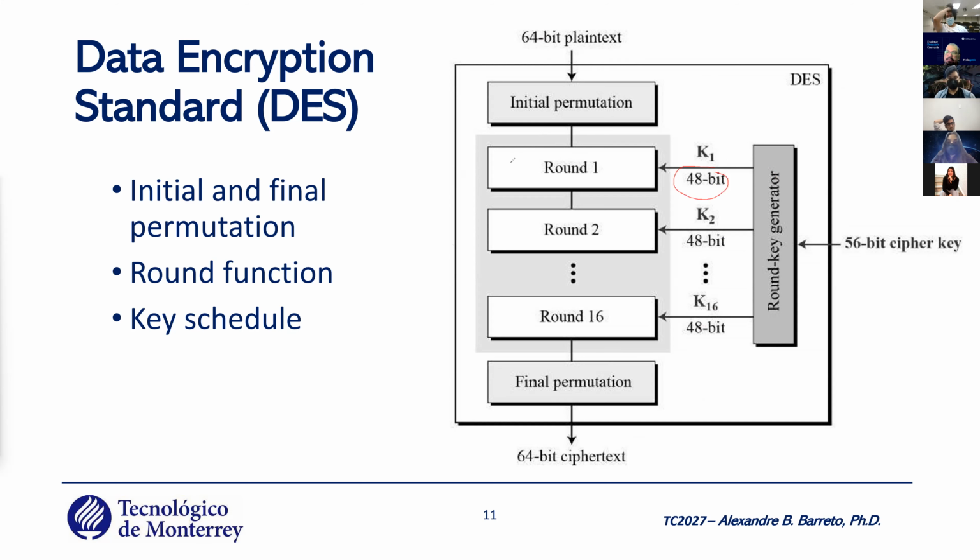Remember, you can see it here very easily. The block has 64 bits. In the initial permutation, you divide this block in two parts, the left and the right sides. However, the two parts are not the same size. How do you know about it?